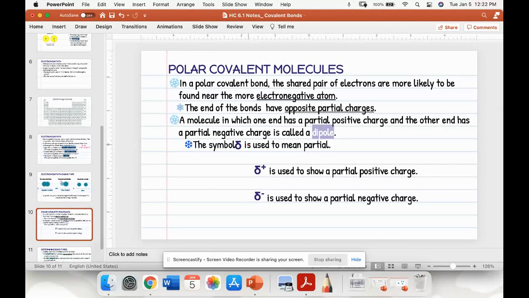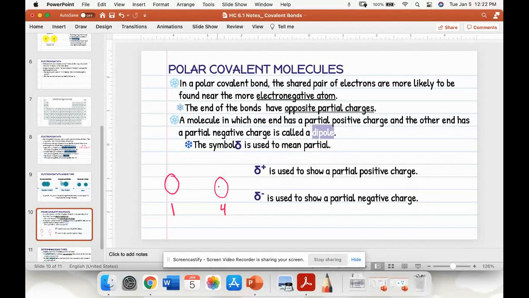So in polar covalent bonds, when the electrons are not evenly shared, we give these partial positive and partial negative charges. Let's just say we had an atom over here with an electronegativity of 4, and this one had an electronegativity of 1.